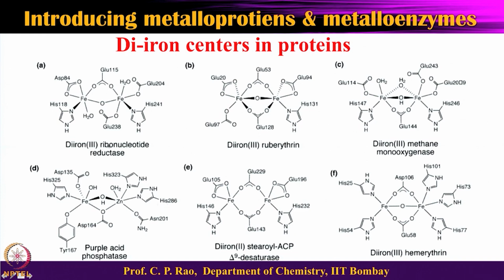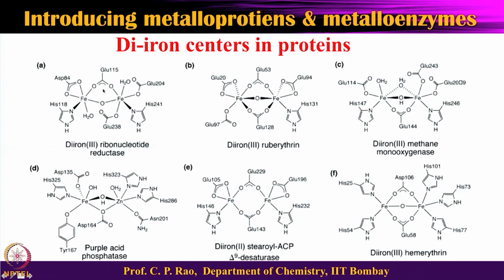In all of these, the diirons always are bridged by the carboxylate group. Most of the times, I would say more or less always, even if you take other dimetallic centers, they are bridged by carboxylates. And the same thing is true even for the di-iron centers. You can see a carboxylate.